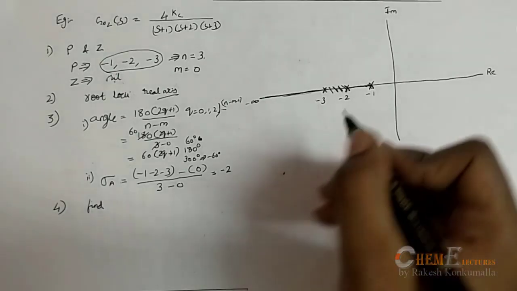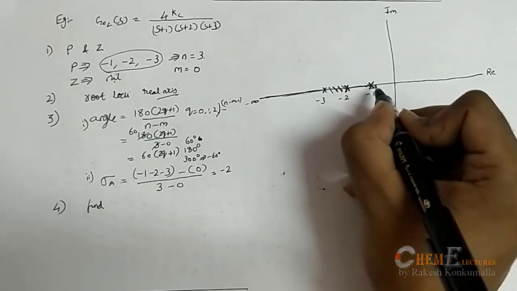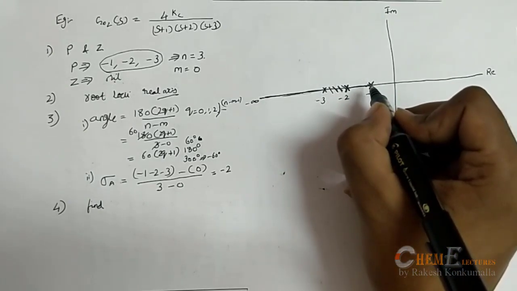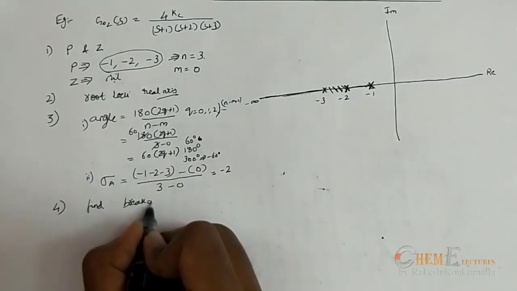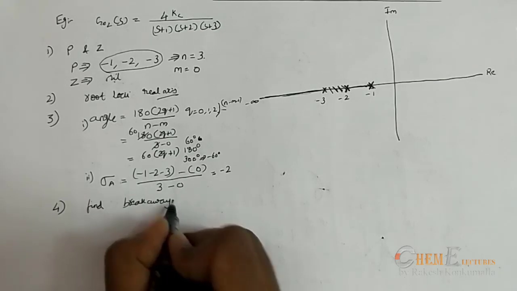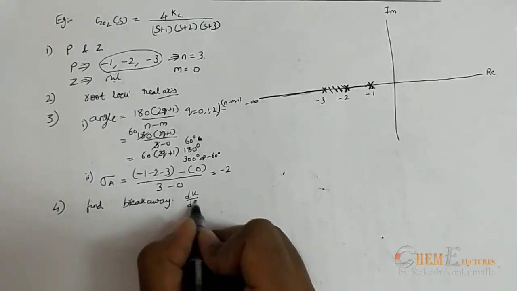Now as you can see, there are 2 poles, so there will be a breakaway existing between 2 poles. I need to find a breakaway. That means dk by ds is equal to 0.